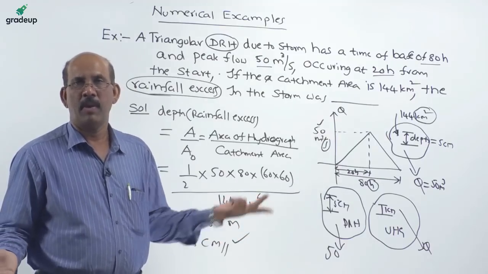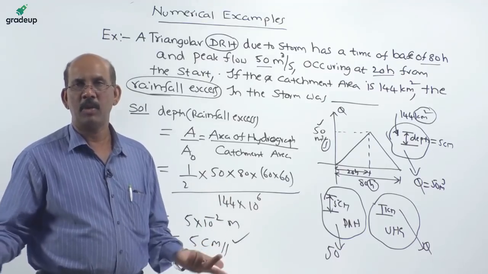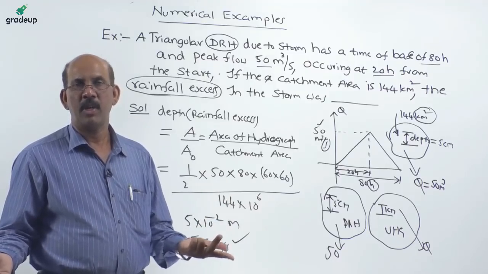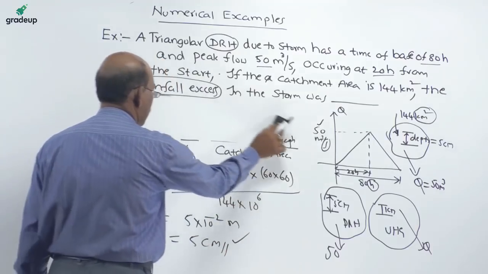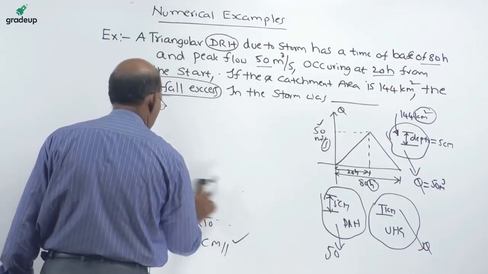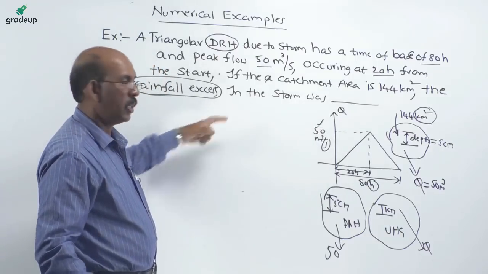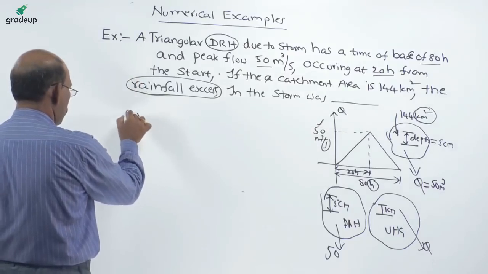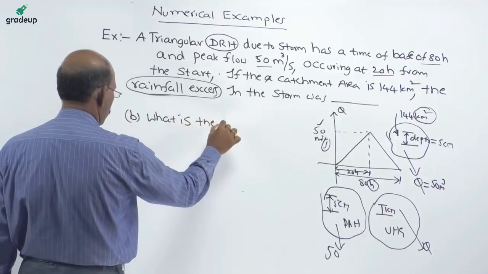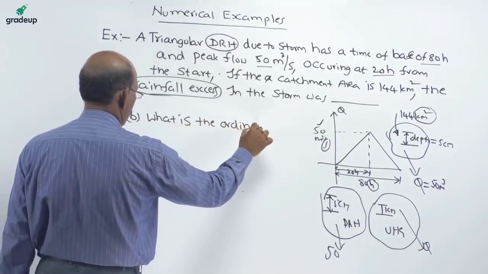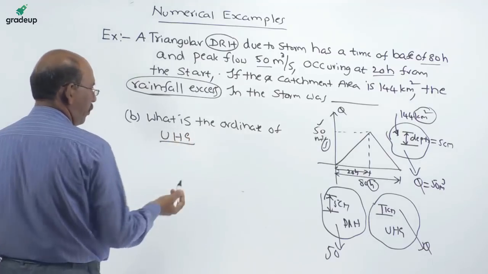So, it is very clear in the same question with the same data, what is the ordinate of the unit hydrograph. If from the same catchment area you want to calculate the ordinates of the unit hydrograph, unit hydrograph refers to 1 centimeter. So, for this problem the answer is 5 centimeters. In the same question, what is the ordinate of the unit hydrograph if we want?